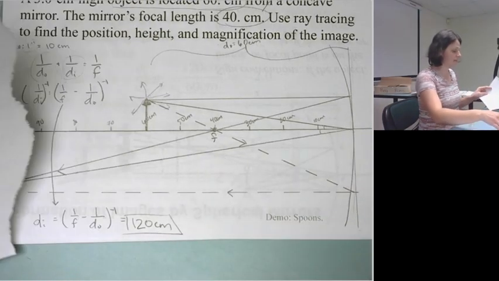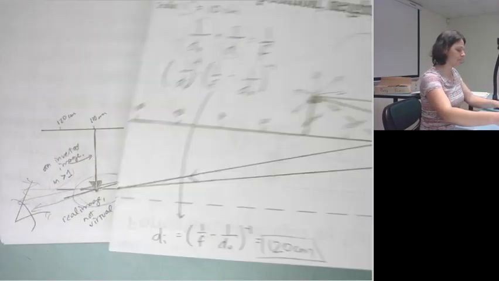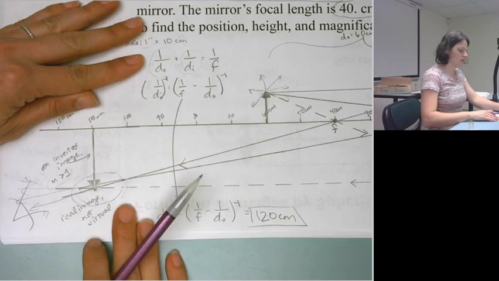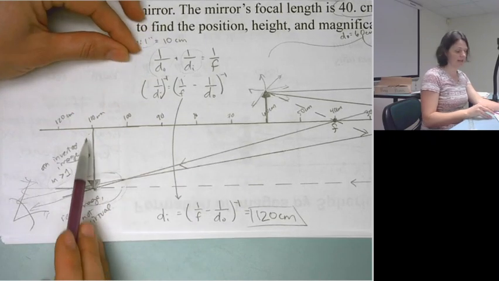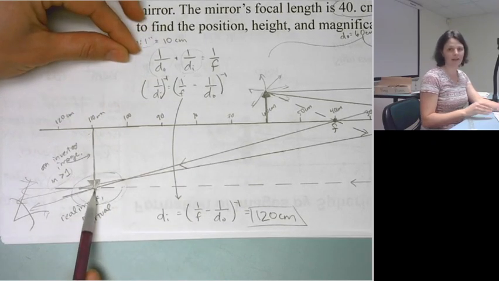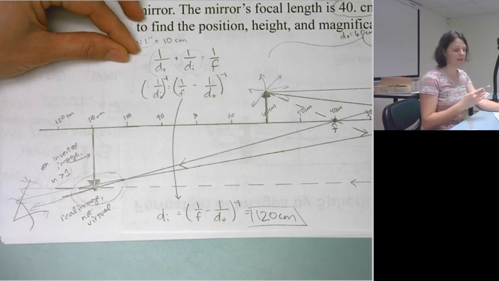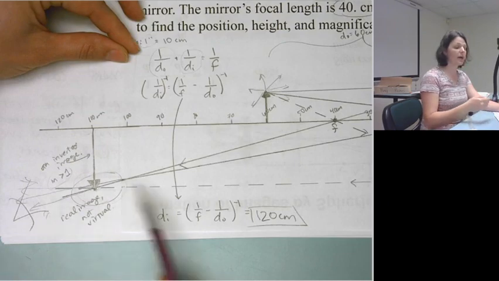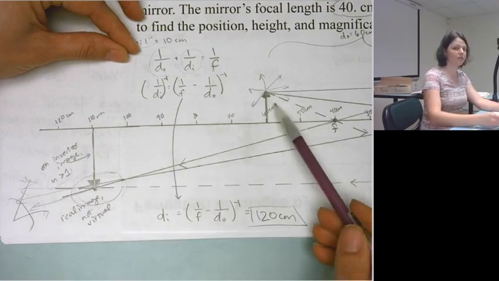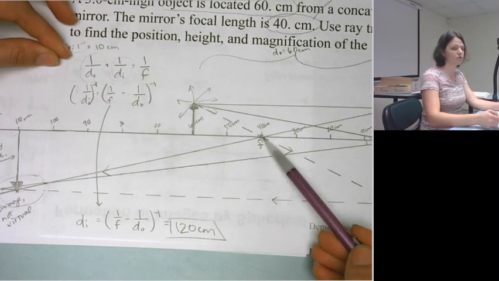And let's go ahead and see how we did. So we got probably more like 110, not 120. And that is absolutely, completely, totally fine. I don't expect your ray diagrams to be perfect. When I am grading your ray diagrams, what I am going to look for is that your rays are drawn correctly.